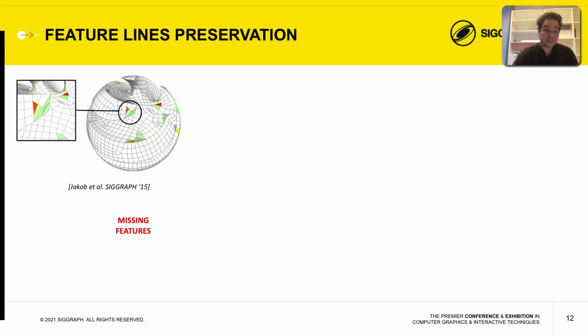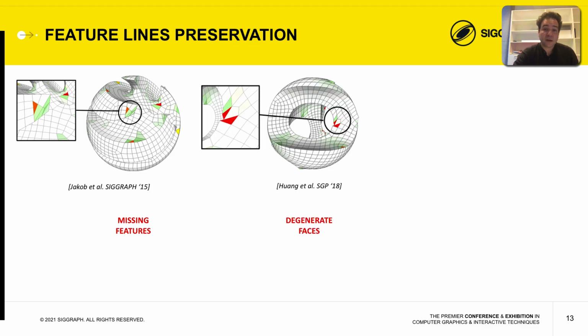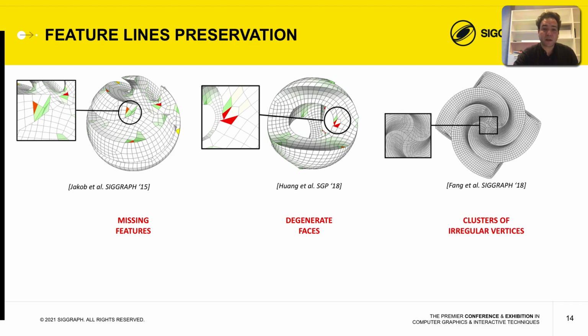For example, this method cannot represent all the sharp features, and the final quadrangulation misses some of the features. The quadrangulation method shown here in the second part of the slide can create degenerate elements. Or some methods can also insert an excessive number of irregular vertices.